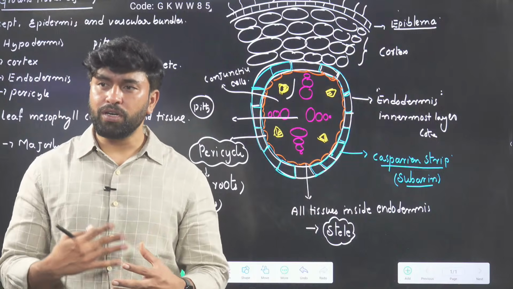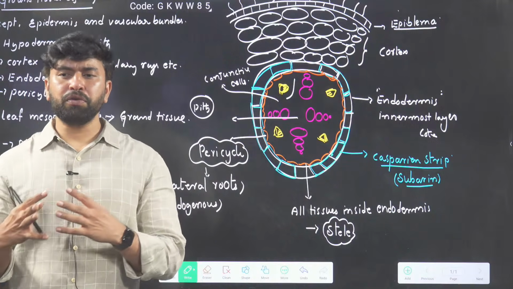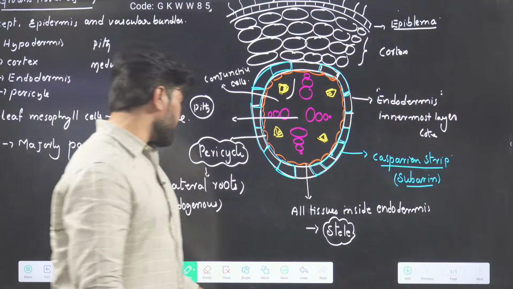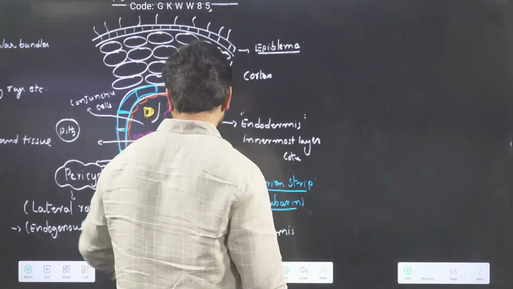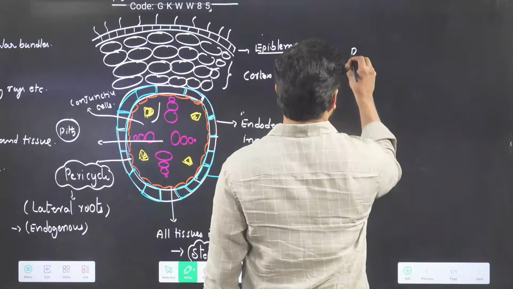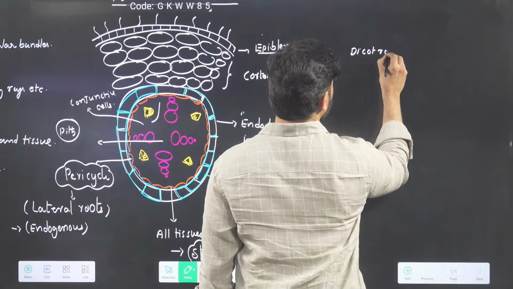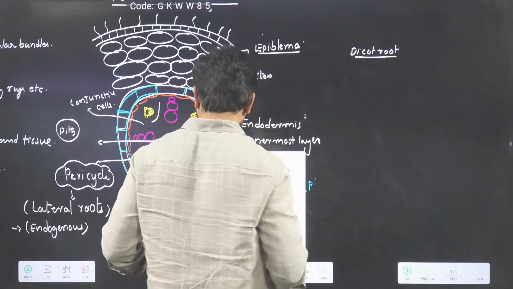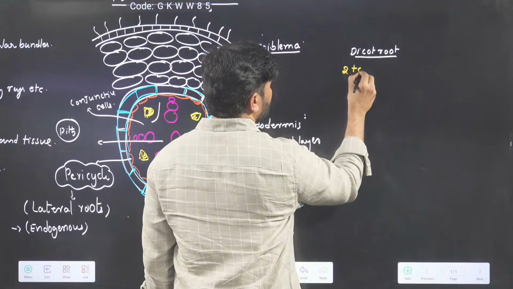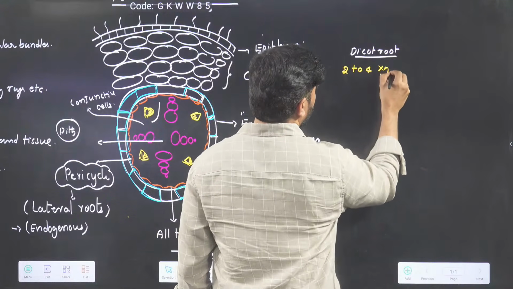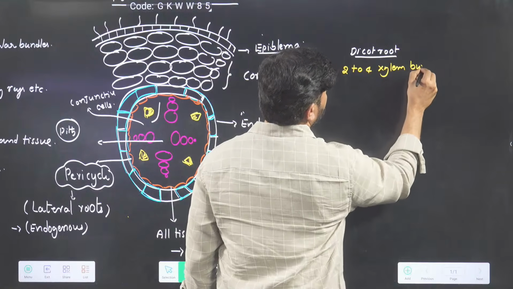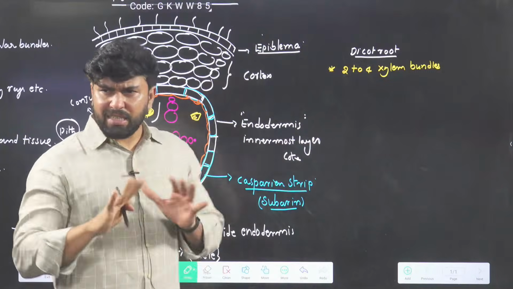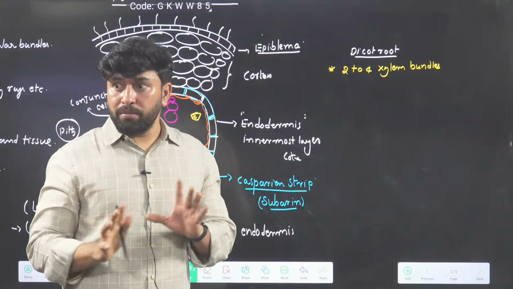But what about monocotyledonous root? The features of monocotyledonous root and dicotyledonous root are almost the same, with some slight variations. Now I am talking about the variations. Simple. Dicot root: first, if you notice, 2 to 4 xylem bundles, not more than that, 2 to 4 xylem bundles only.